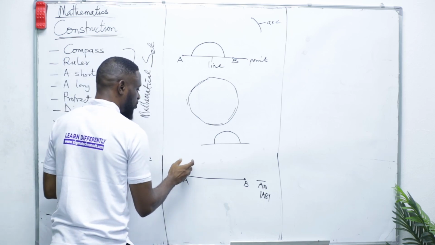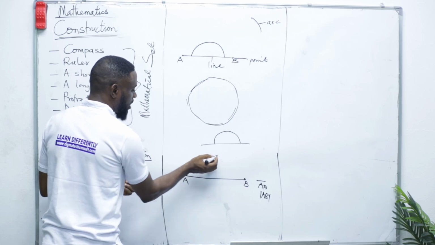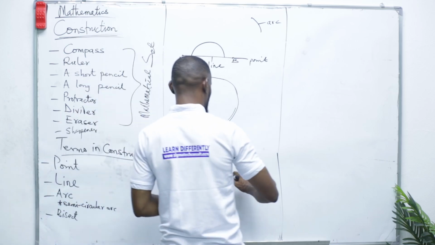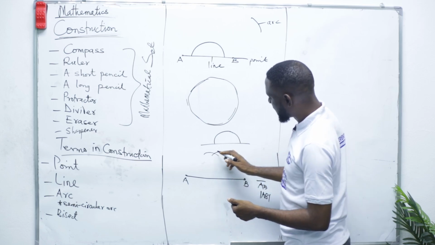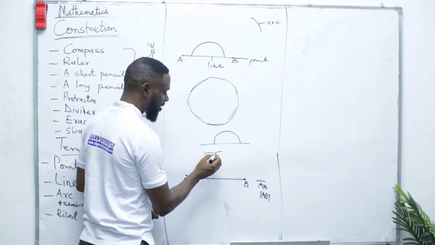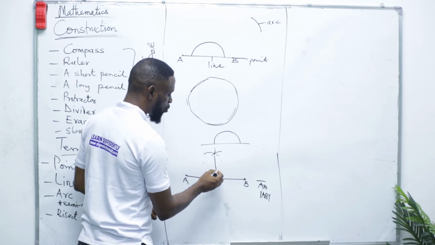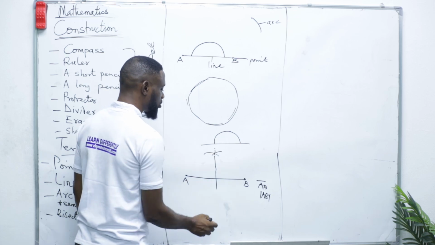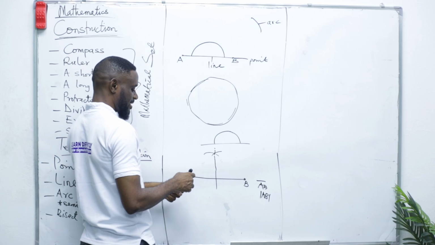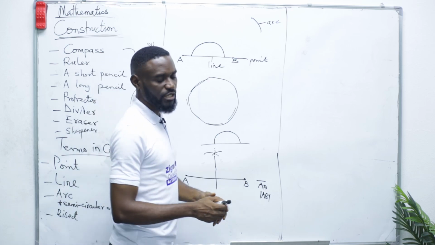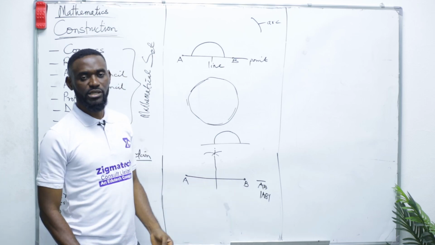We put the pin at this point and make an arc, then come here again, put the pin here, and make another arc. Where these two arcs meet, we draw a line that we call the bisector, cutting through this place. Now we have bisected the line AB into two equal parts, this part and this part. Do you understand the point now?